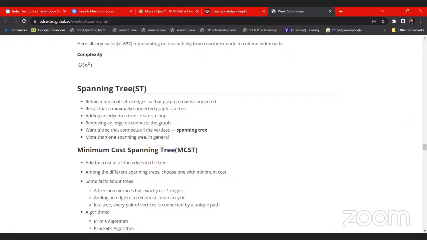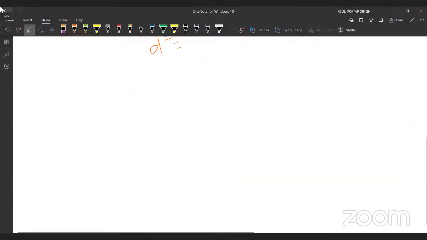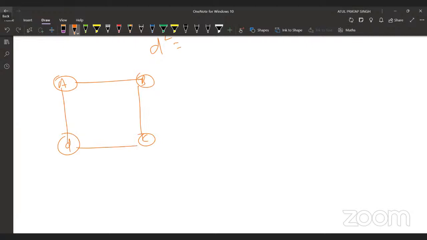So for example, if we have a graph, here A, B, C, and D. This is a simple example. I'm also assigning some weights: 2, 3, 5, 6.